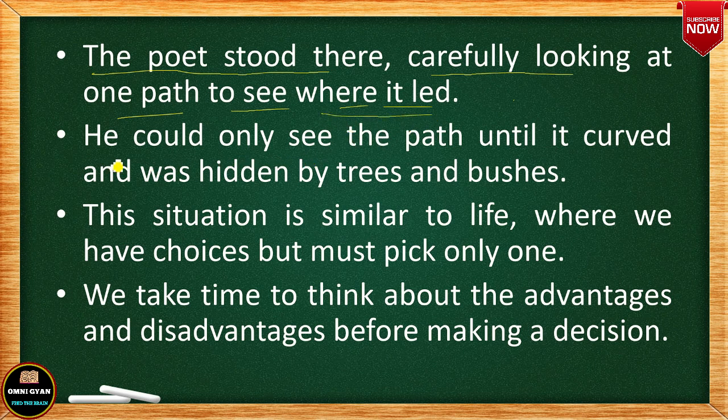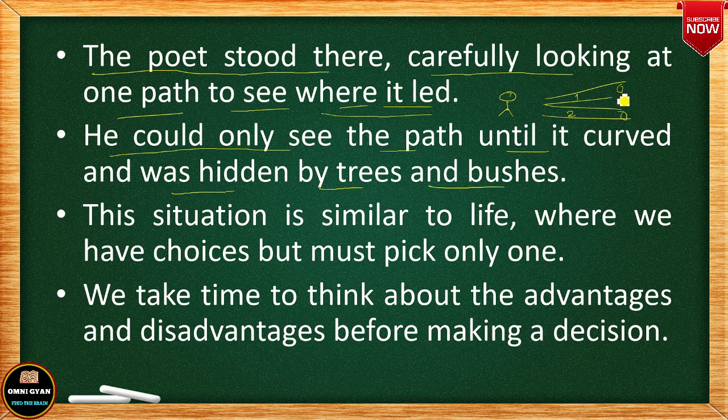Now he could not see the entire path, the entire road. He could only see the path until it curved and was hidden by trees and bushes. तो रास्ता जो है, the poet is standing here, say for example, and there are 2 roads. So this is road number 1, this is road number 2. So he can only see up to one point because it is a very deep forest.